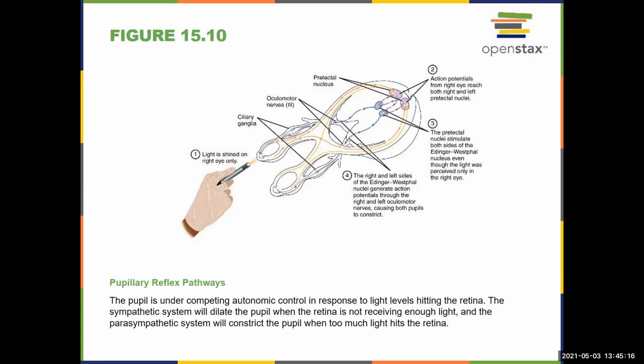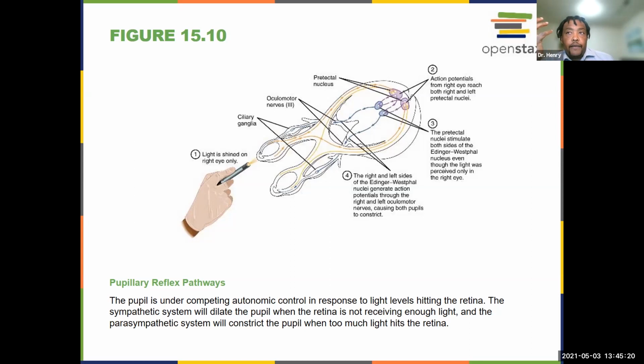Okay, so now here's the thing. One eye is getting extra light and one eye is not getting as much light, right? So you get the one that's really bright and the one that isn't being stimulated. They're putting the light in that eye, but both your eyes constrict, even though this one is not getting as much light.